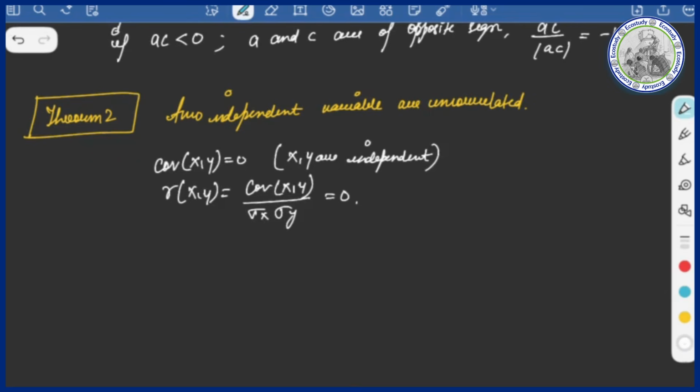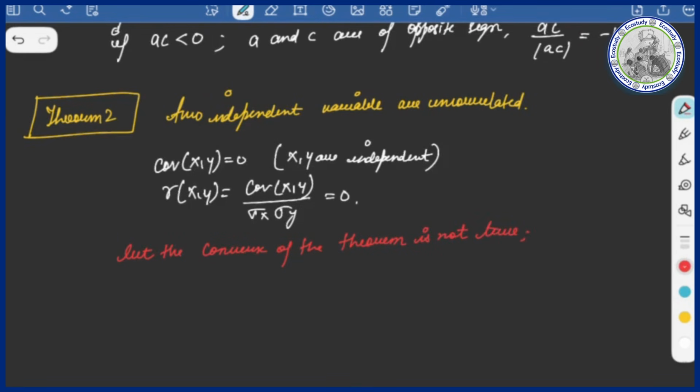Now we will solve some questions, so you will get an idea of how to solve them. But one important point we should know: the converse of the theorem is not true.